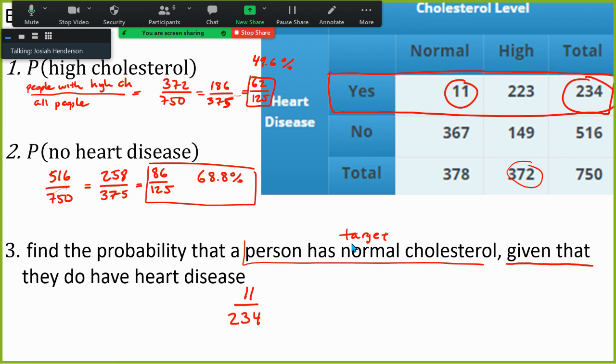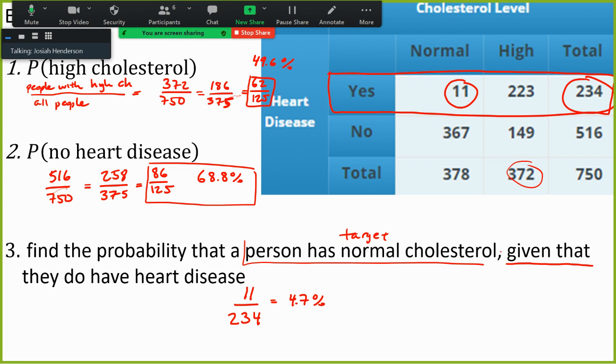A very low probability. Assuming this information is true, it looks like people with heart disease don't normally have good or normal cholesterol. Those are outliers. 11 divided by 234, it's only 4.7%. So that means there's probably a link between having high cholesterol and having heart disease. So pay attention for given that.